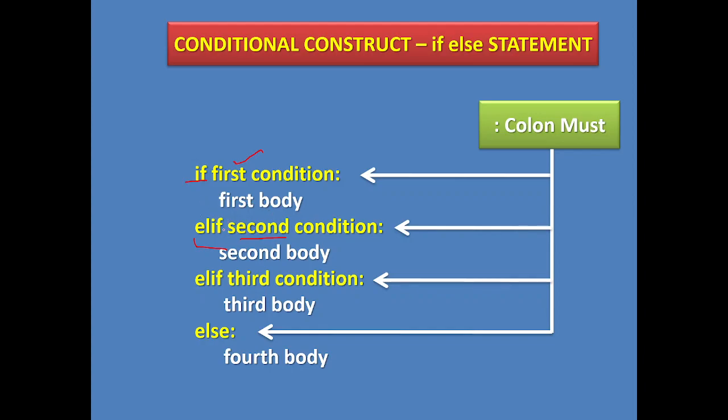If the second condition is true, then the first body will not run, only the second body will run. If the third condition is true, then the first body and second body will not run, only the third body will run. And if none of these conditions is true, then the else part will run, meaning the fourth body will run. So this may contain several conditions. This is called the structure of the elif ladder, and this is the syntax of the elif ladder as well.